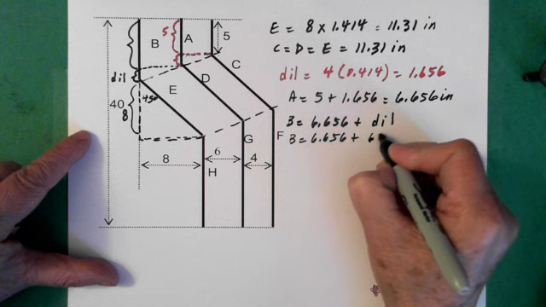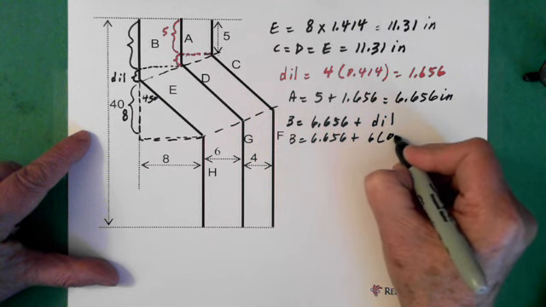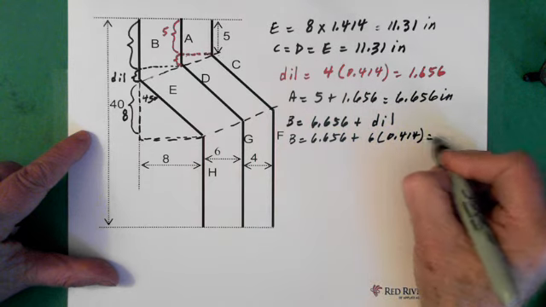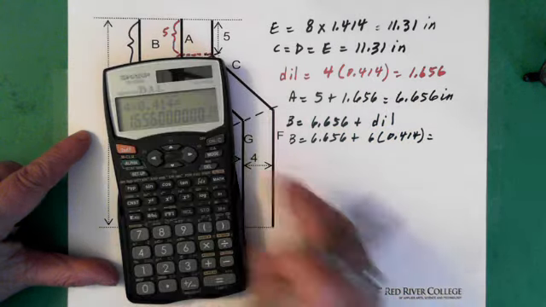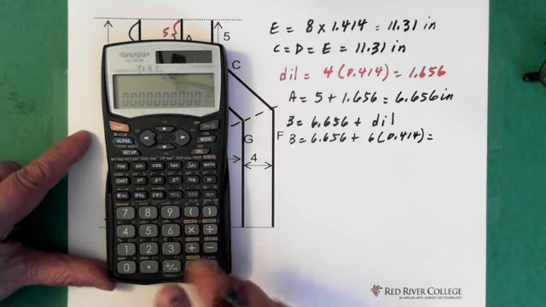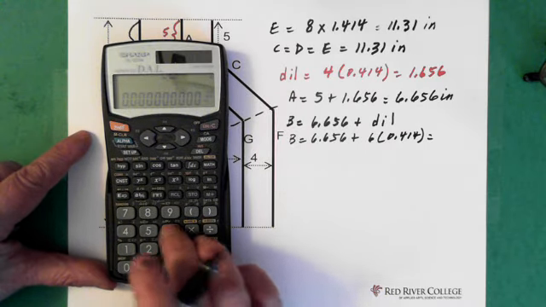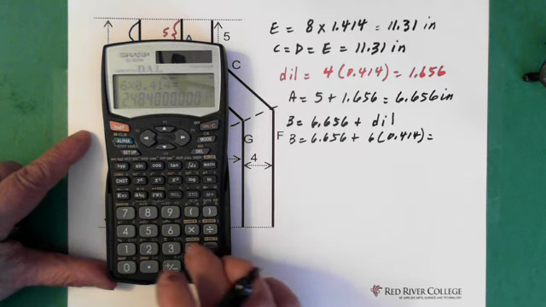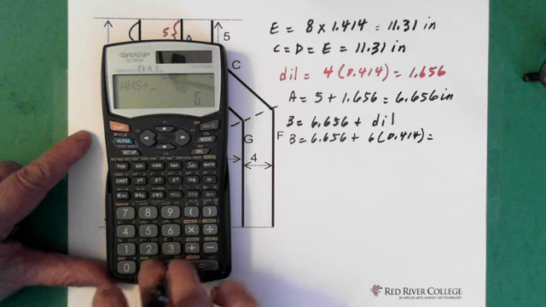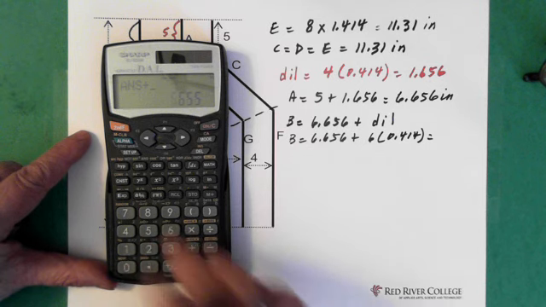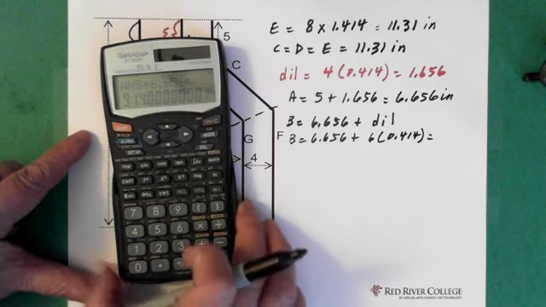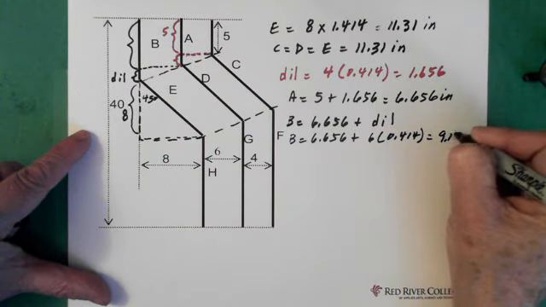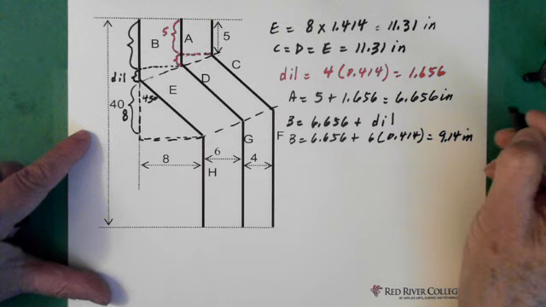So it's 6 times 0.414, and that equals, so we have 6 times 0.414 added to 6.656, 9.14. So B equals 9.14 inches, all right?